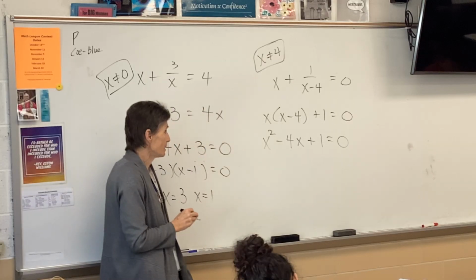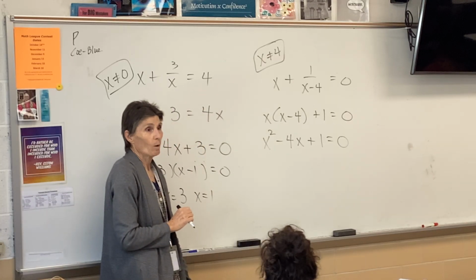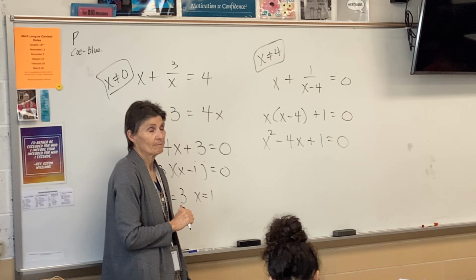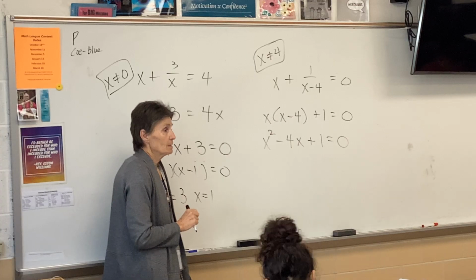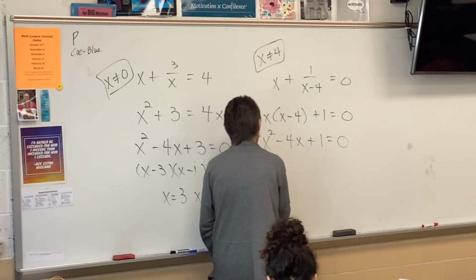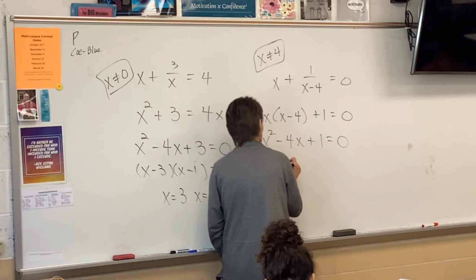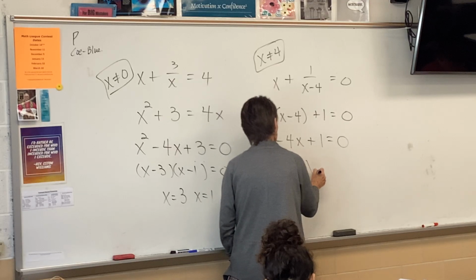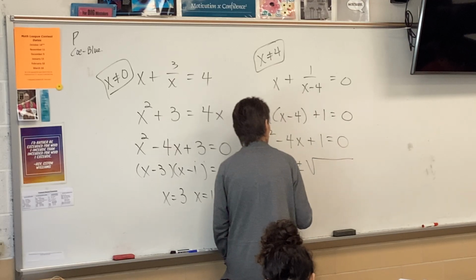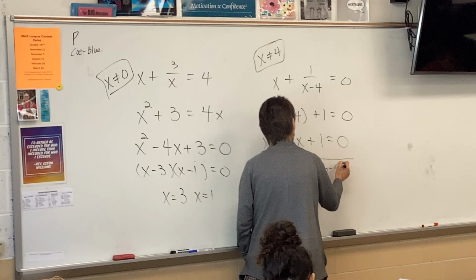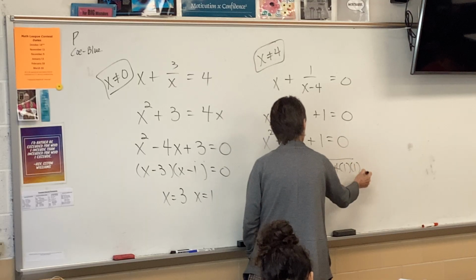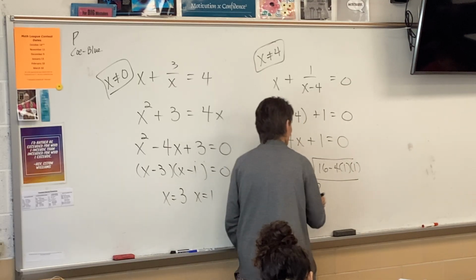Oh, cutie. We got a quadratic that does not factor. So here we go. X equals negative b plus or minus the square root of b squared minus 4ac all over 2a.